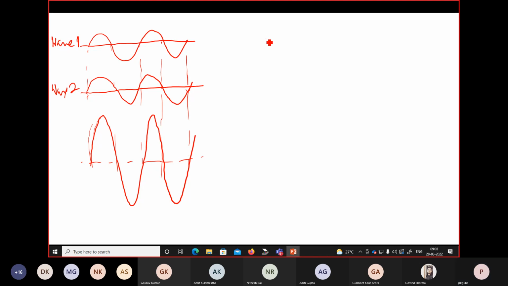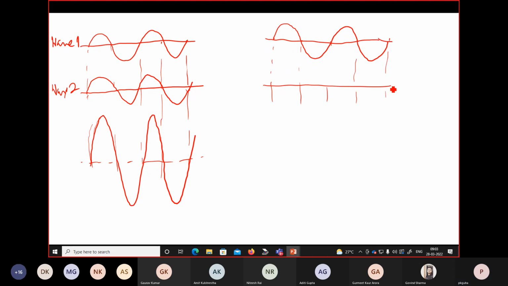Whereas if they are in the opposite phase, so this is wave 1, and by opposite phase means, then you will hardly get anything, because they cancel each other out if the amplitude is the same.